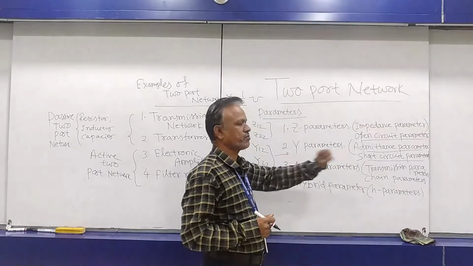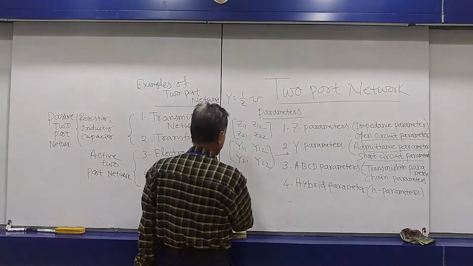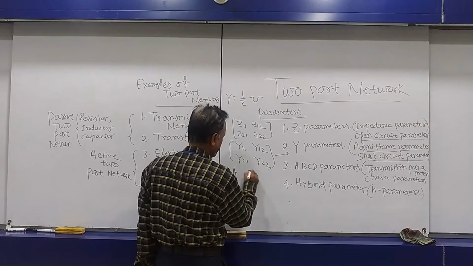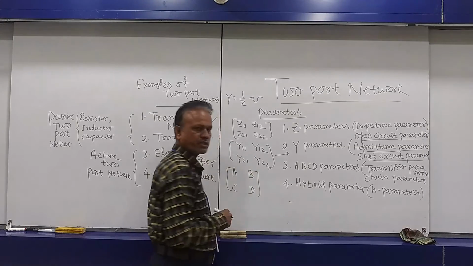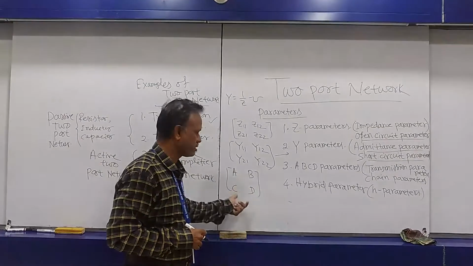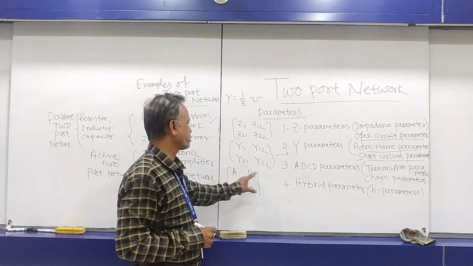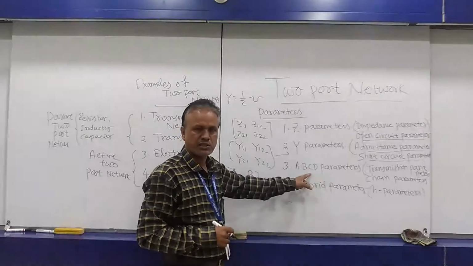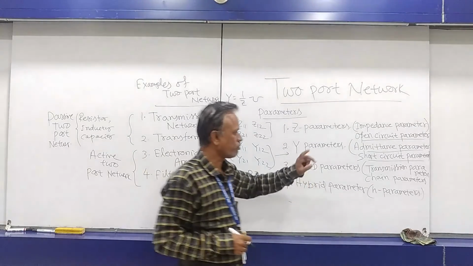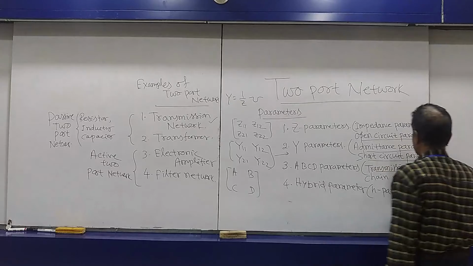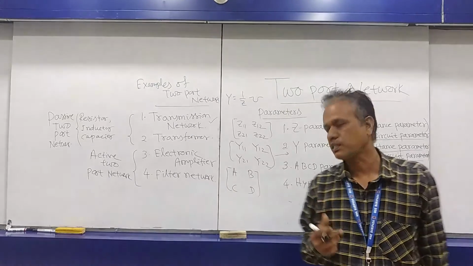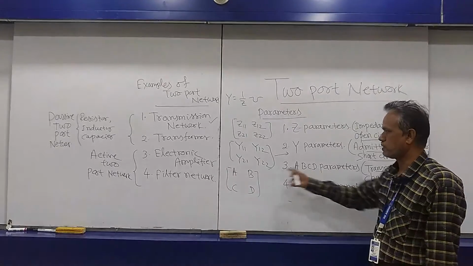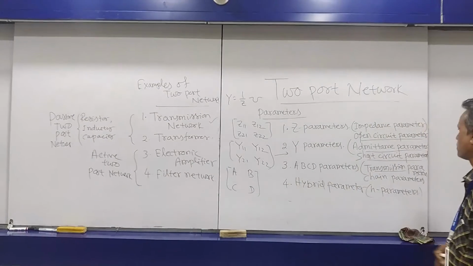Similarly, ABCD parameters are also written as A, B, C and D. In the matrix form, I have written it here: A, B, C, D. These parameters are also known as transmission parameters, because the performance of a transmission line can be analyzed with the help of ABCD parameters.